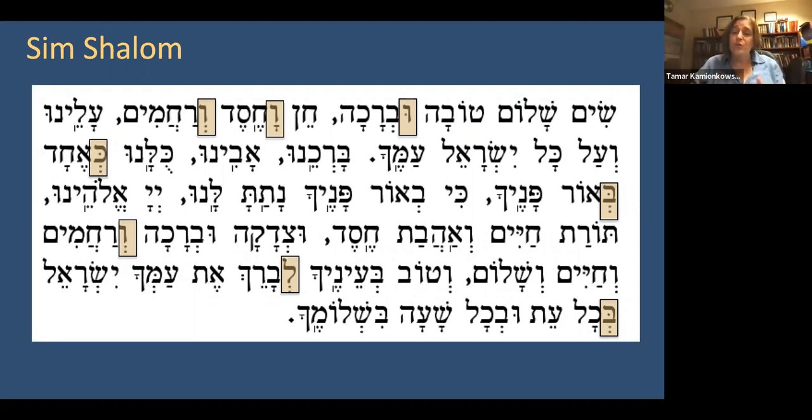Attaching things to the root, messing around a little bit with the vowels and changing the vowels. And that way, there's actually a lot less vocabulary to learn, because all you need to do is learn what that basic root means. And then you can see it play out as a noun or as a verb or as an adjective. All right, so I'm going to stop share and leave a little time for additional questions.